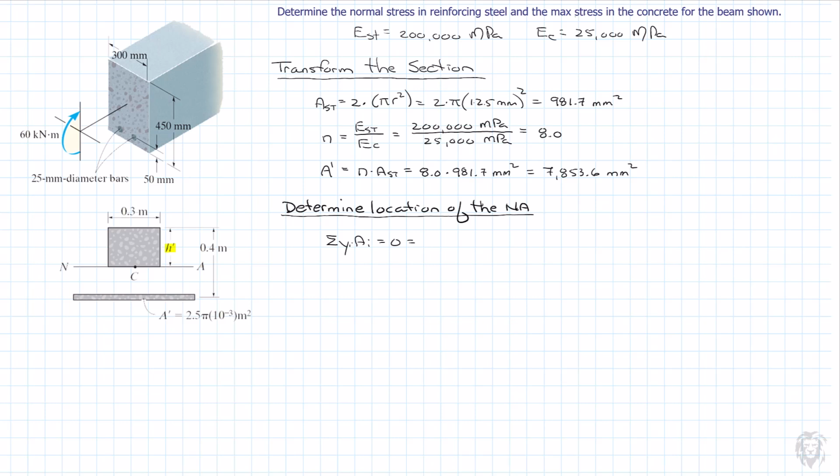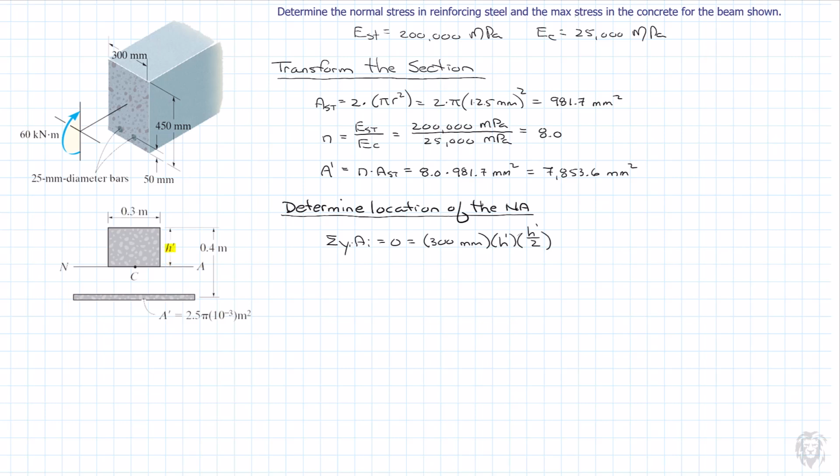And so we have two areas to consider. We have the concrete at the top, so that is going to be 300 millimeters times its height, which is h prime, and the distance to its centroid is h prime over 2.